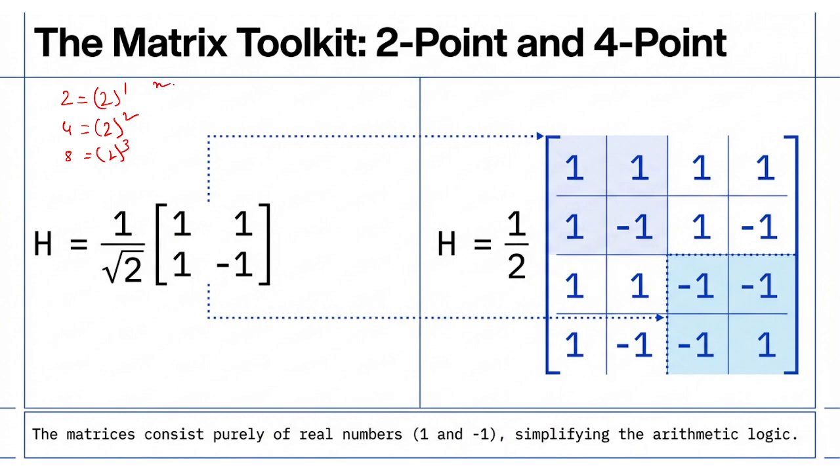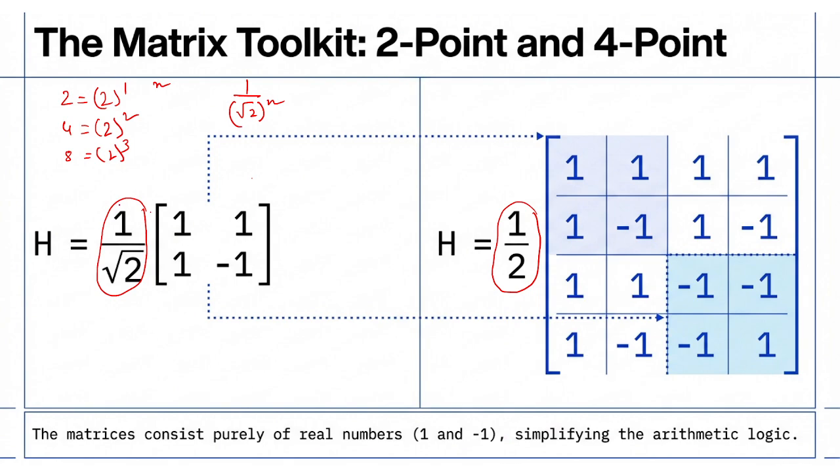Now, when we are calculating the Hadamard transform, there is a coefficient in both the 2-point and 4-point matrix. How does this coefficient, 1 by root 2 or 1 by 2, come about? The generic formula is 1 by root 2 to the power n.